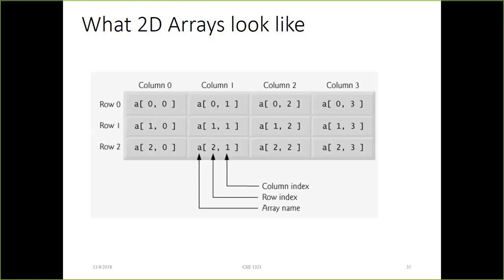Okay. So if I have an array named A, for instance, my array name is A. So then I have cells. How many cells I will have? Row times column.